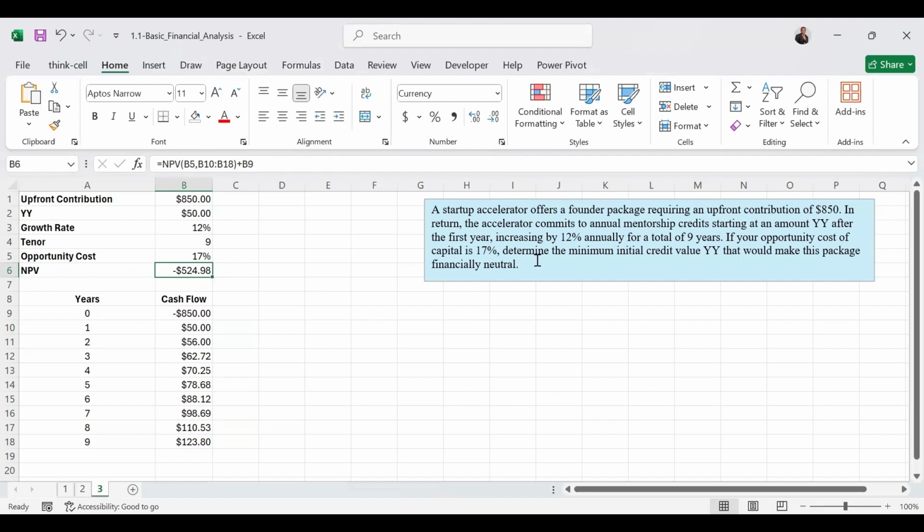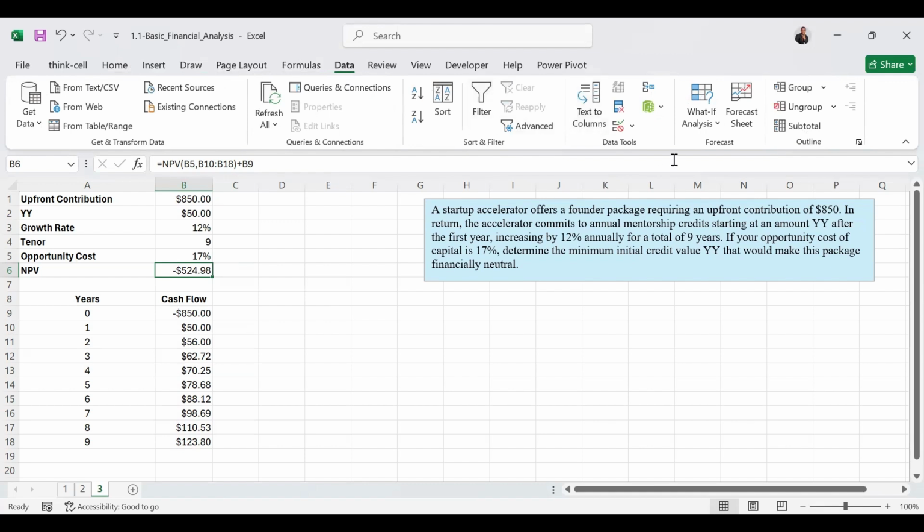So our question is that we should determine the credit value YY that would make this package financially neutral. That means we are looking for where our NPV will be 0 by changing this YY. So what we are going to do is, from this Home tab, come to the Data tab.